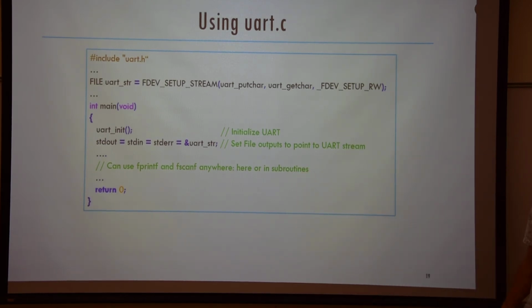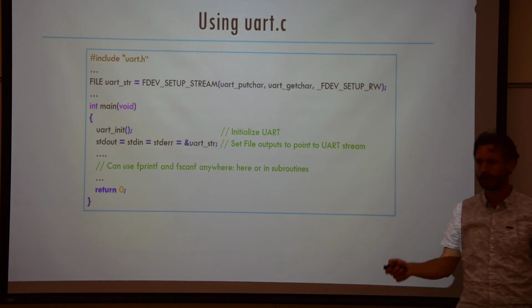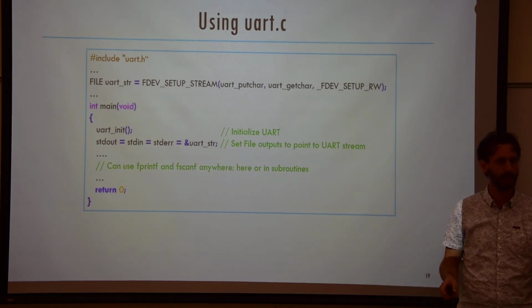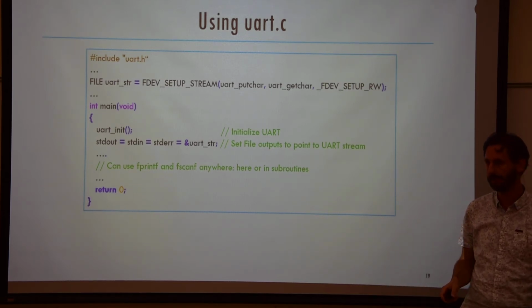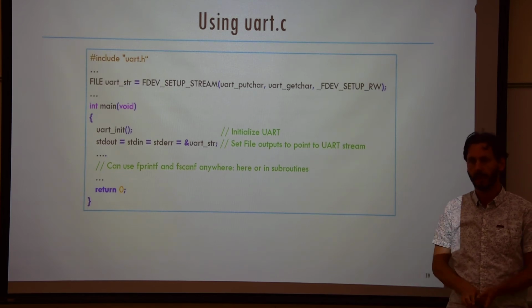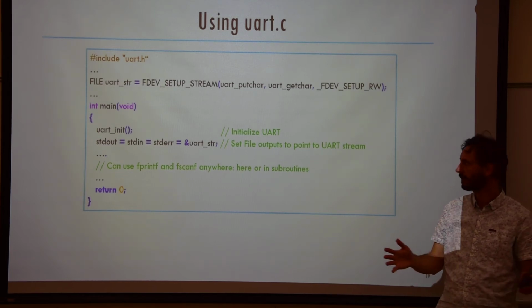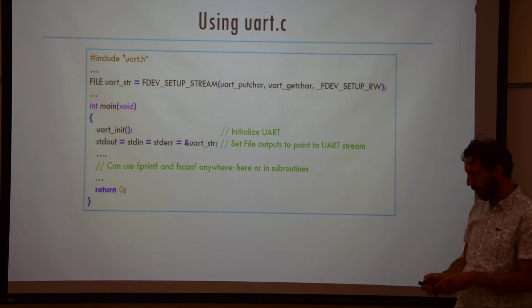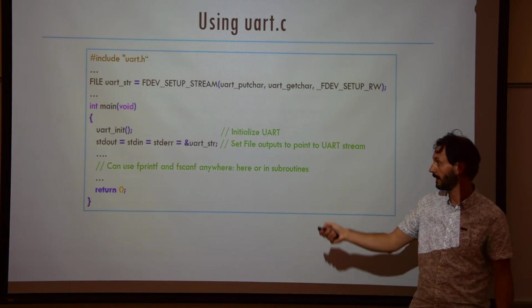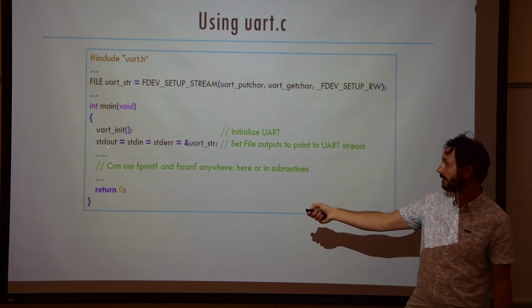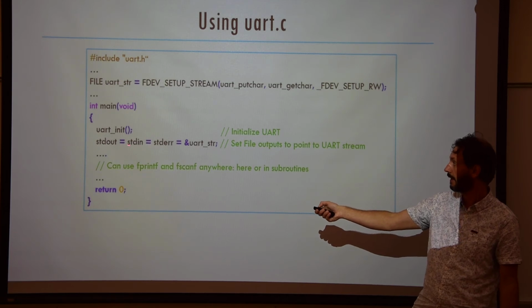Why do you want to do that? Well, we have all kinds of functionality in our C libraries, like fprintf, fscanf, all the kind of stuff. And all those functions operate with a stream. And that stream uses the stdout, stdin, stderr.